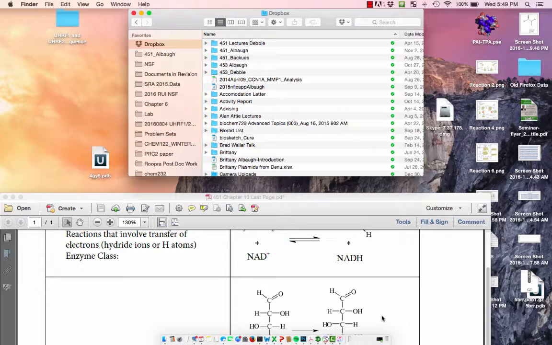So then our product has on the first carbon CH2OH, and then the second carbon is C double bond O, to make fructose 6-phosphate, which then can be cyclized back into the cyclic structure again.